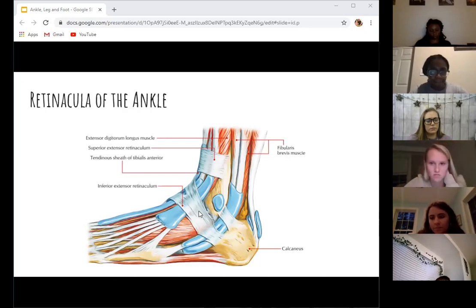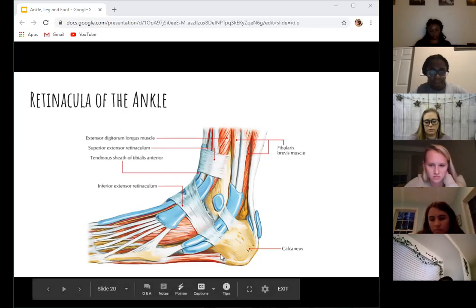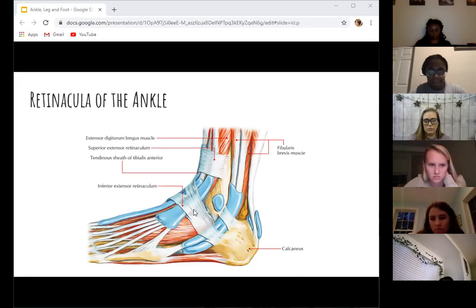And it begins distal to the lateral malleolus on the calcaneus. So if you're looking at the bottom of the calcaneus, it comes up more as a solid piece, and then it breaks into a Y shape. So those are important for stabilization of your extensor tendons.